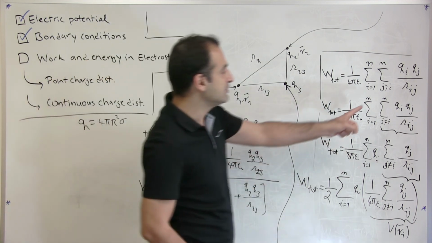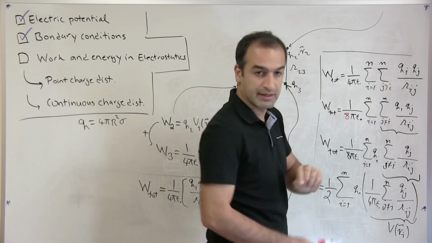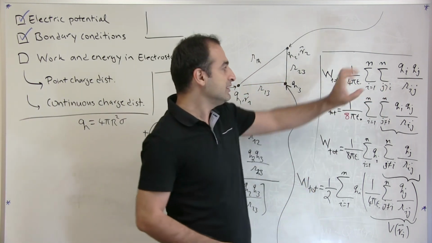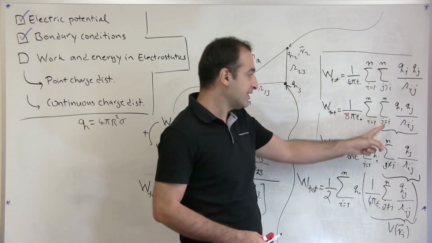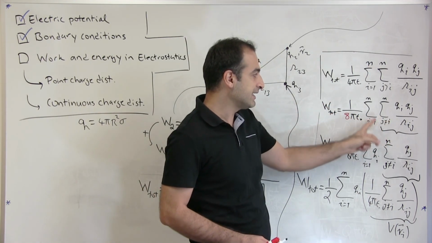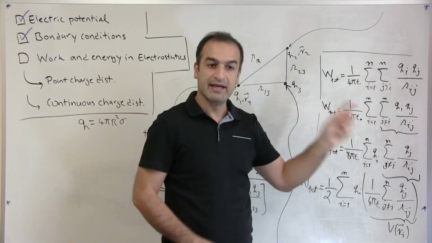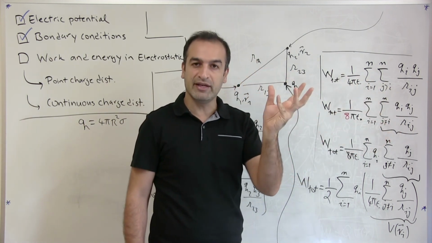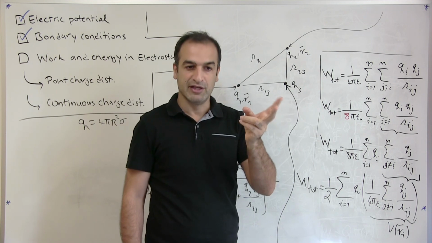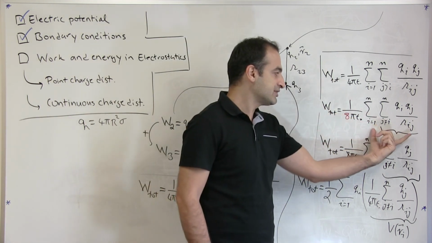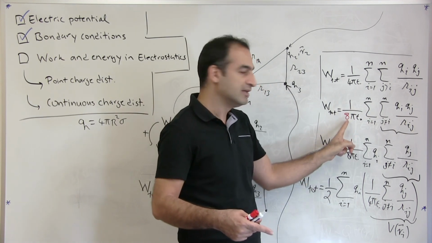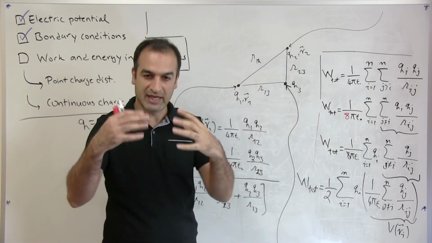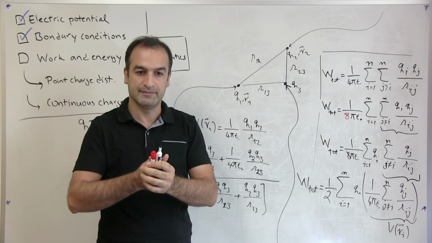Because of that, we use j being greater than i. But doing this sort of summation is difficult. Another alternative is starting from j equal to 1 and including everything intentionally, knowing the fact that we are double counting. So what we are doing in these summations, we are double counting, but then we divide by 2 so that we scale it back to the actual value it should be.